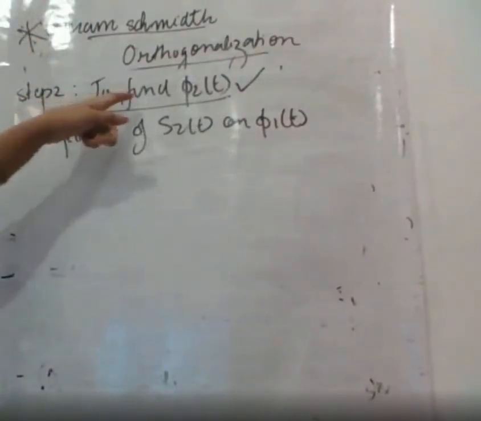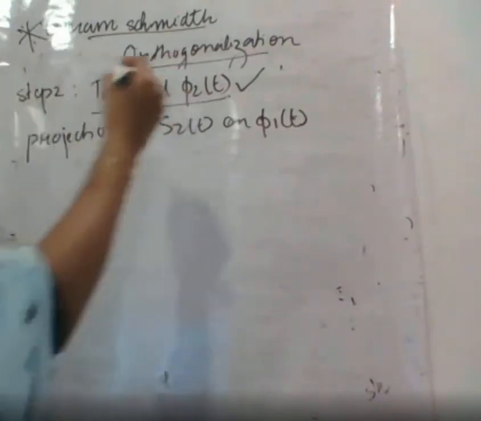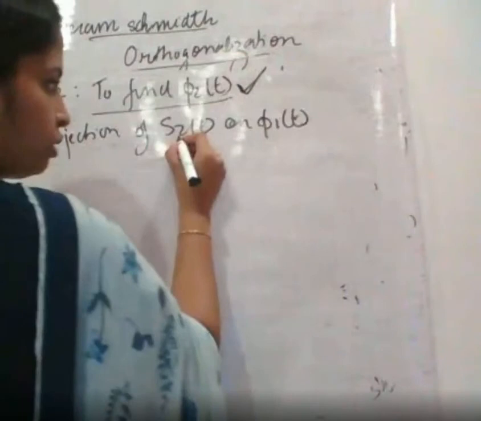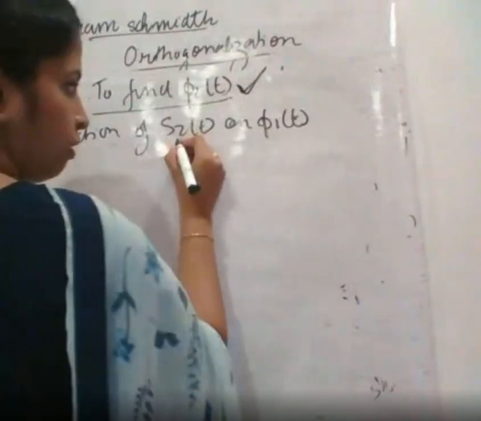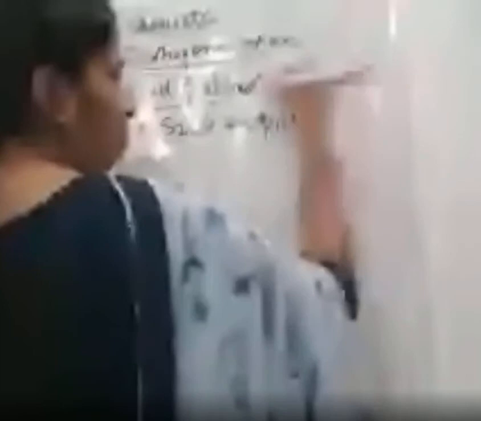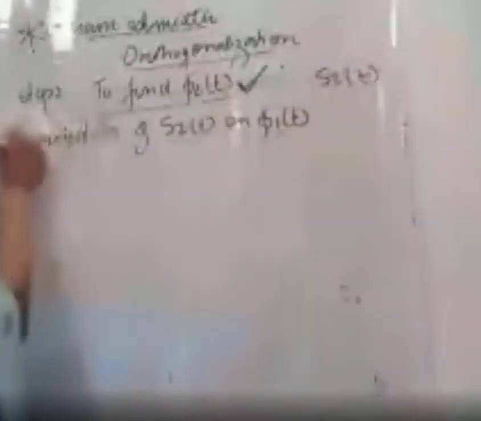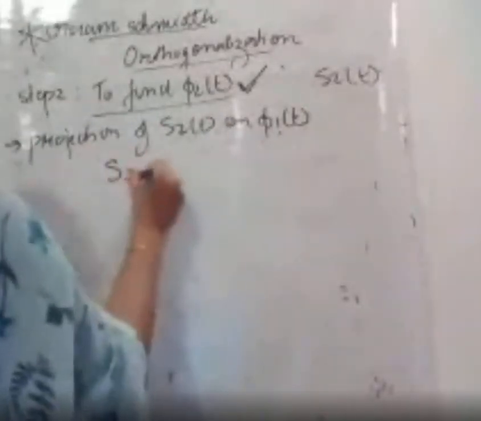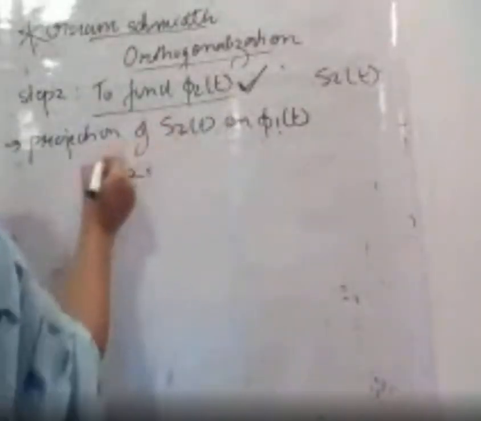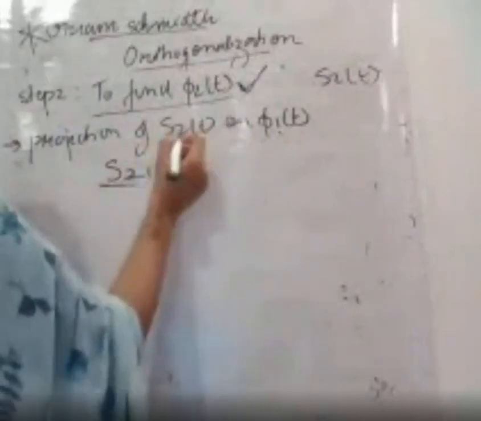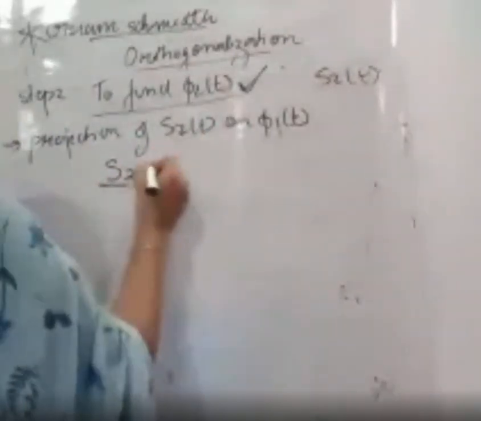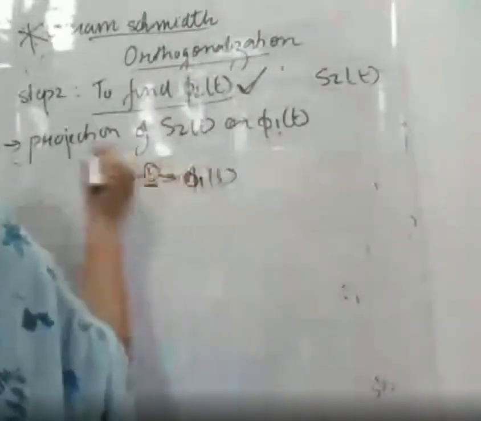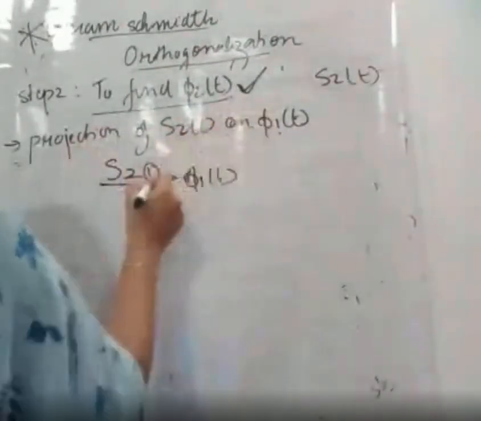Now we have to find phi2 of t. For that, we have to first find the projection of S2 of t on phi1 of t. Our second signal S2 of t, the projection on phi1 of t, we have to first find. That is S21. S21 means the projection of S2 of t on phi1 of t. Here this 1 indicates phi1 of t.